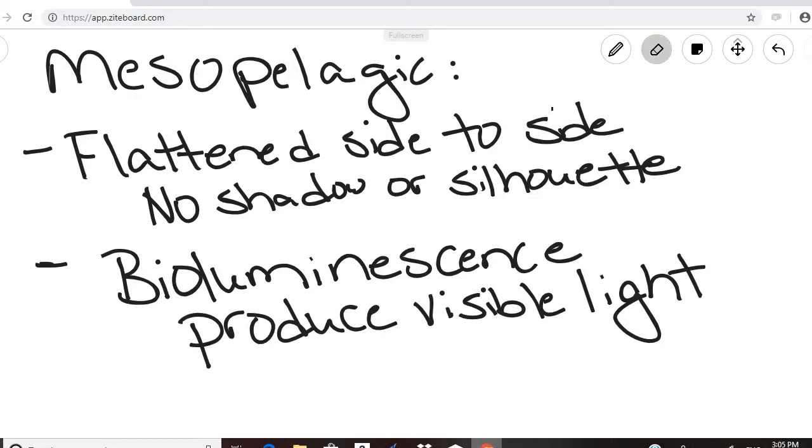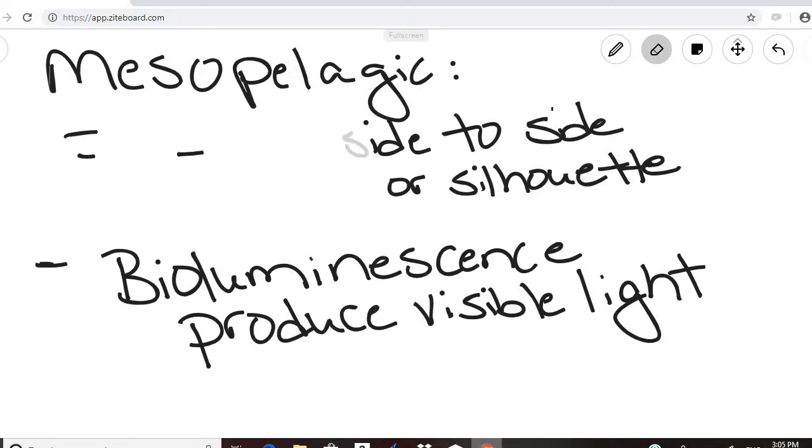As I said, for organisms that do bioluminescence, there are special cells called photophores. And often the photophores will be on the underside of the body.